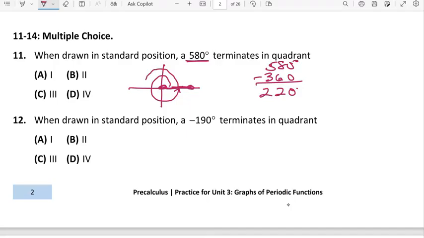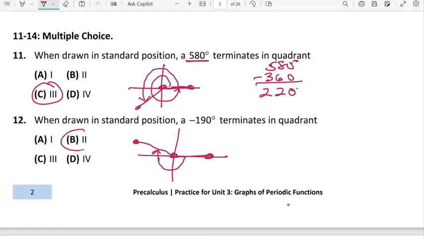So an additional 180 and then an additional 40 after that will bring us into quadrant 3. And so an angle in number 12 that's a negative 190 degree angle starts on that positive x-axis and rotates clockwise this time. 180 degrees or a half turn brings us to the negative x-axis, and then an additional 10 degrees from there is going to bring us into quadrant 2.